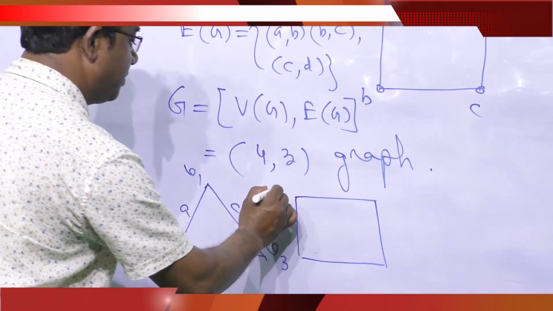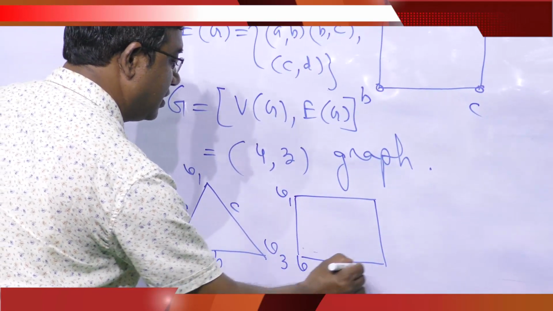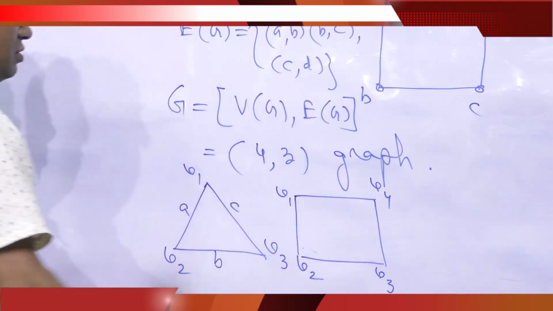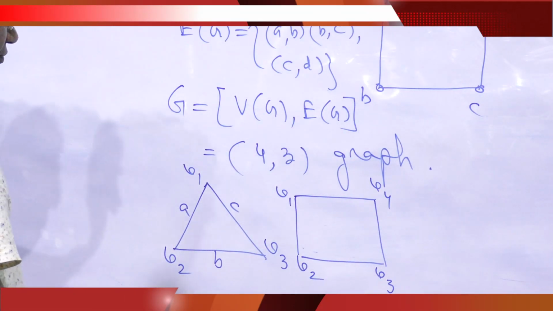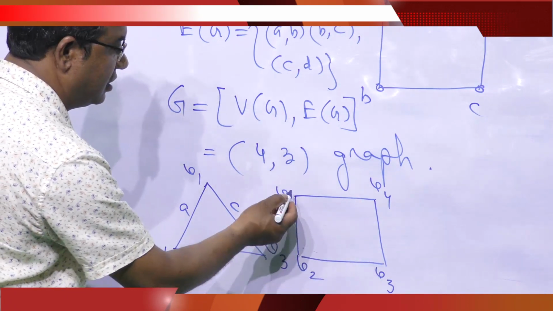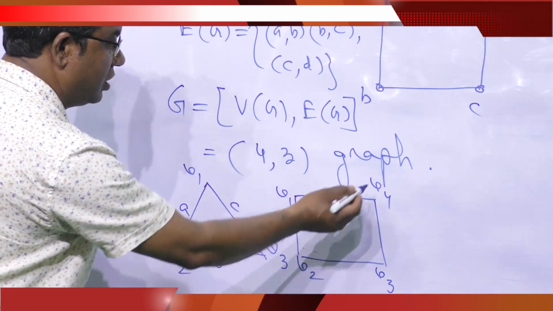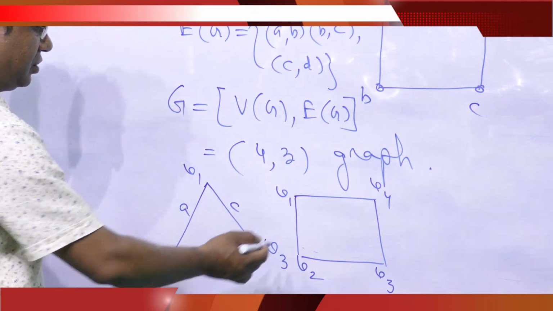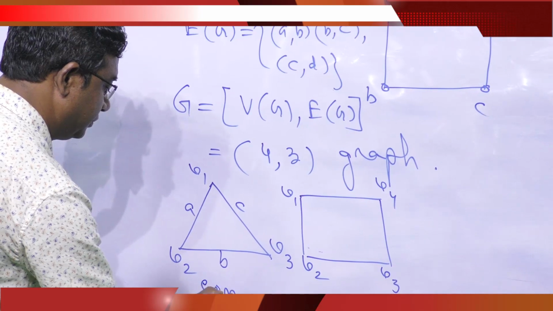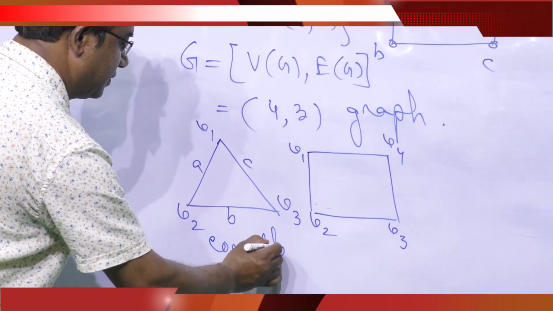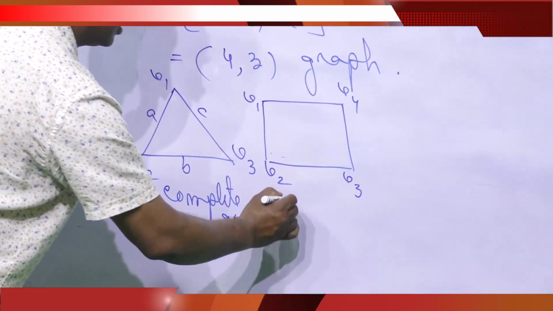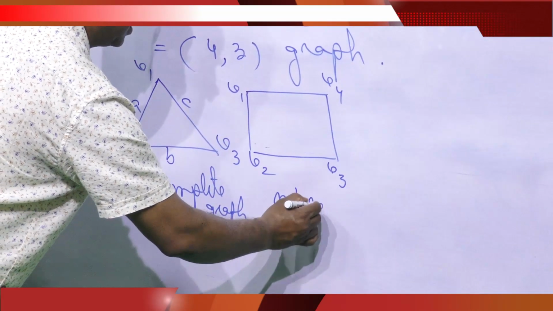Suppose there is a graph, say V1, these are the vertices. This is not a complete graph because there is no line joining V1 and V3, they are not adjacent. V2 and V4 are not adjacent. So this is not a complete graph. This is complete, and this is not complete.